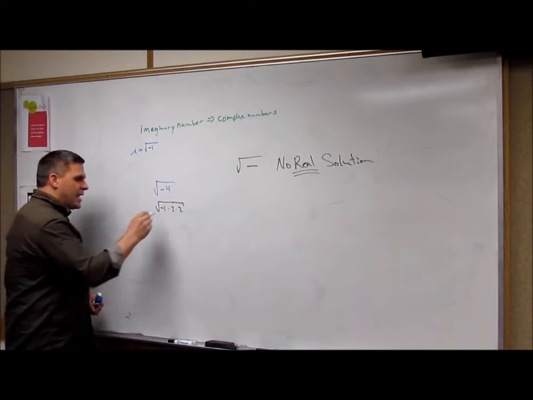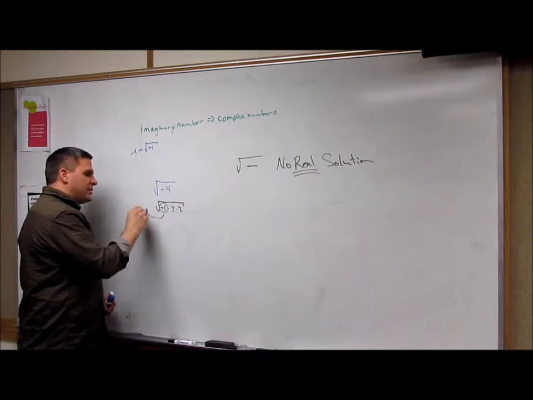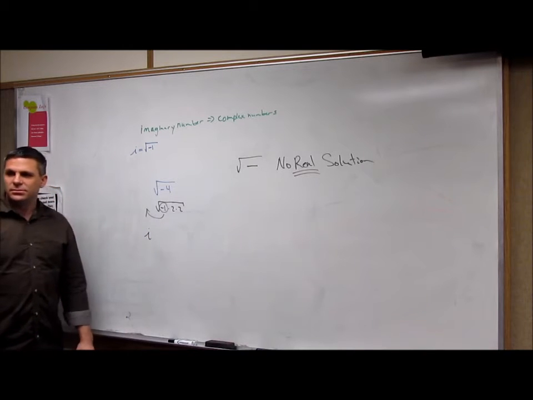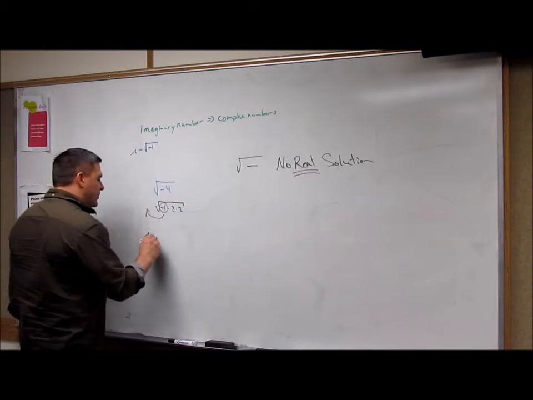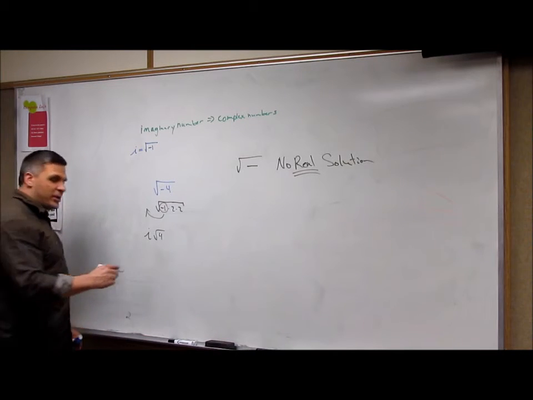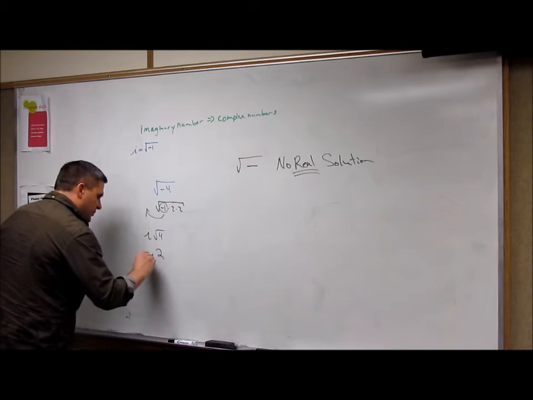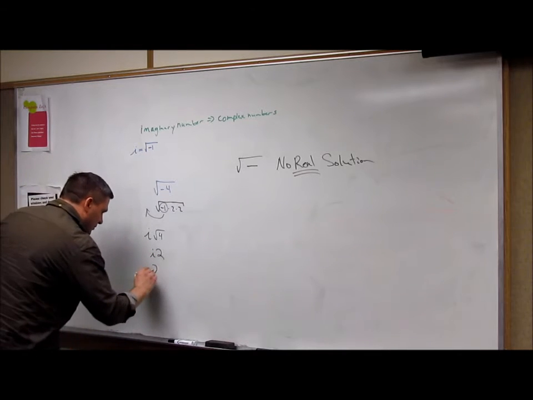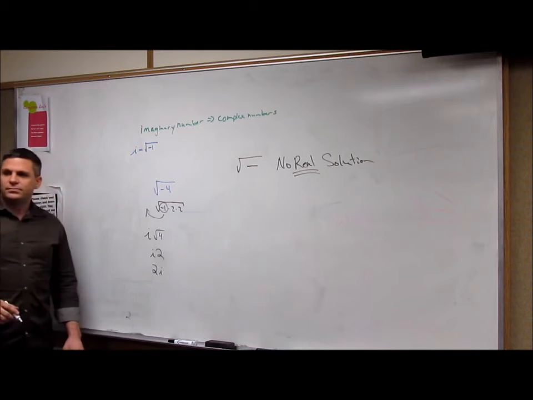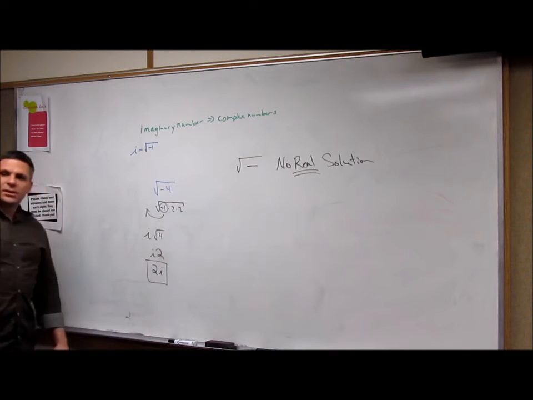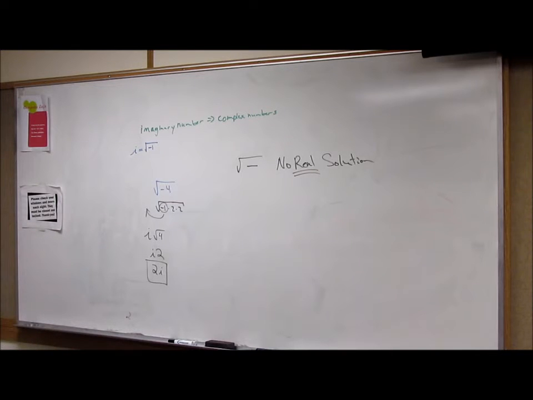So I get to take out the square root of -1 as i. Now I have i times the square root of 4, and the square root of 4 is 2. So i2, and how we write it is 2i. That is the square root of -4: 2i.